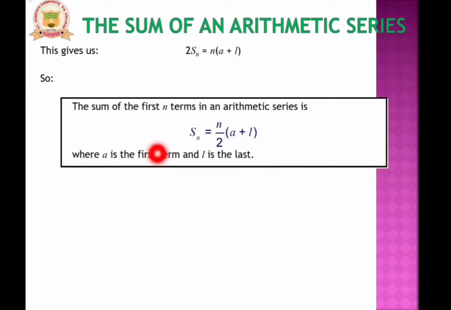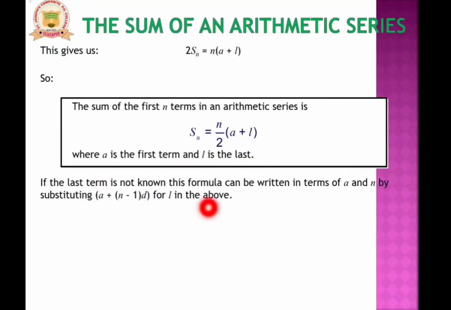So the sum of the first n terms in an arithmetic series is Sn is equal to n by 2 into a plus L, where a is the first term and L is the last term. If the last term is not known, this formula can be written in terms of a and n by substituting a plus n minus 1 into d for L in the above.